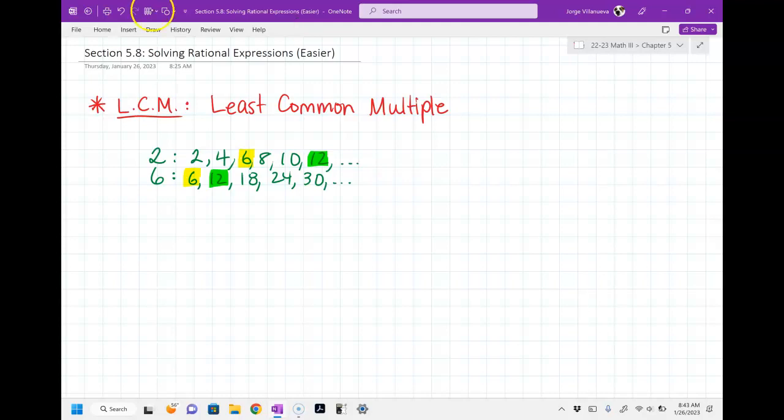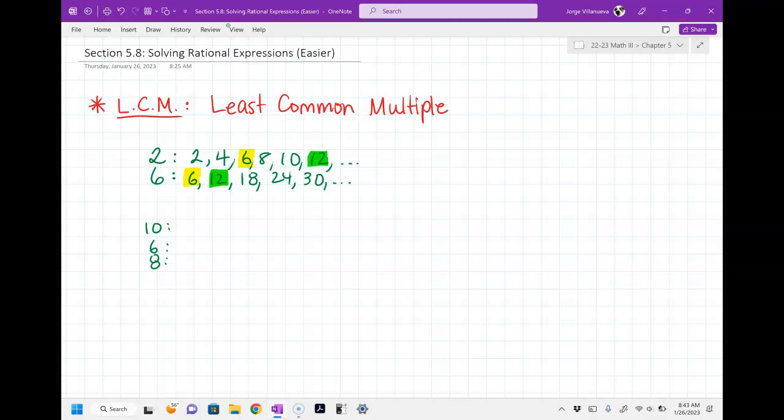But again, if they happen to give us something a little bit tougher, and I'm not even saying that it's definitely tougher, but something like this: 10, 6, and 8. So a nice little trick when you do these is always start with the biggest number listed.